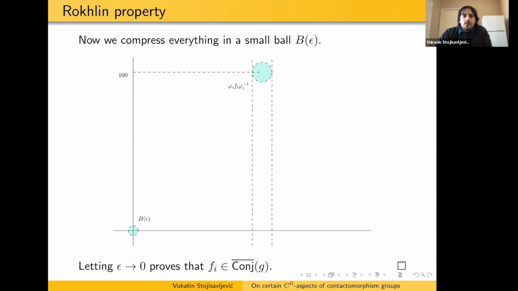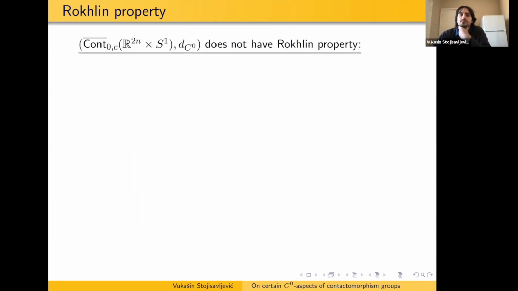Now let's see how to show non-Rokhlin property. The claim is that if I look at the following space, then it does not have the Rokhlin property. The idea is, again, we will use non-squeezing in this case, and this proof is very short, actually.